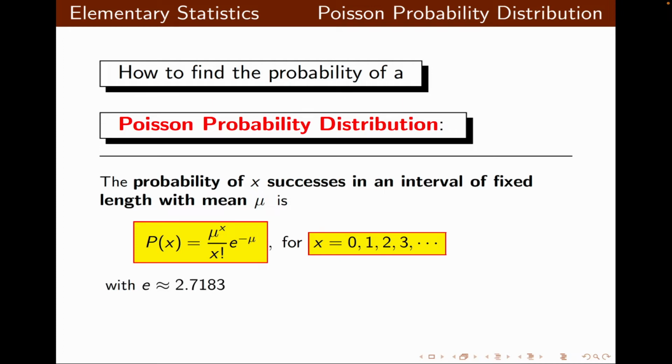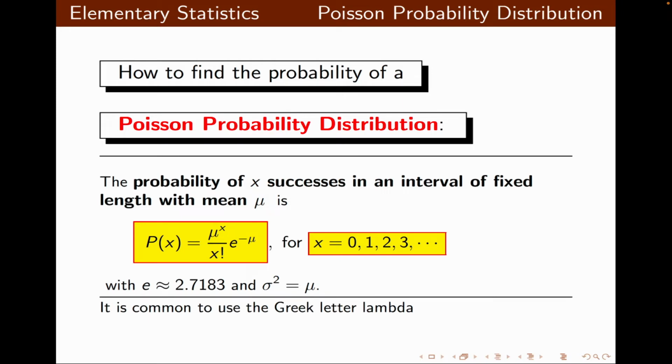Now e is approximately 2.718, and sigma squared for Poisson probability distribution is always equal to the mean in that fixed interval.